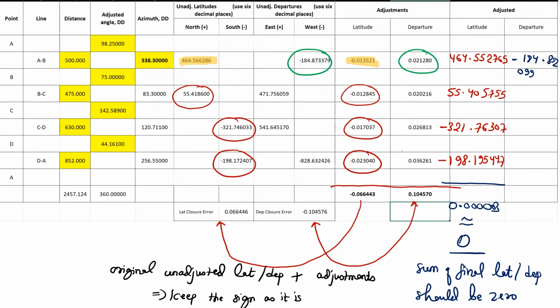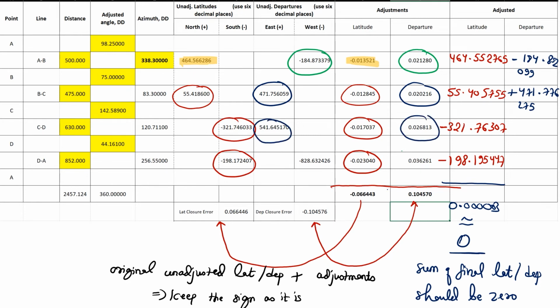Now take this and add this. So 471.756059 plus 0.020216 gives a positive 471.776275.